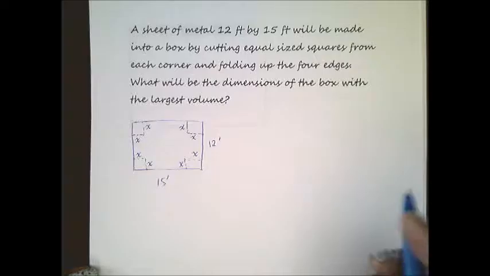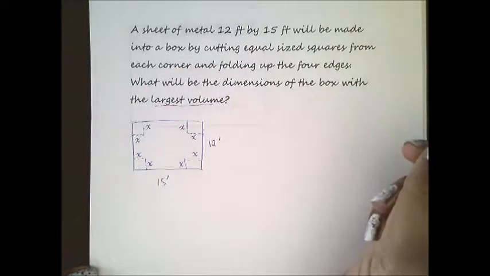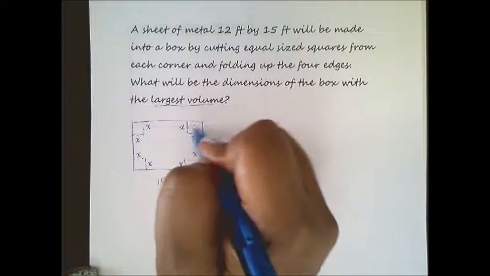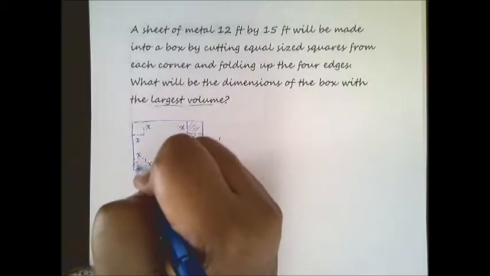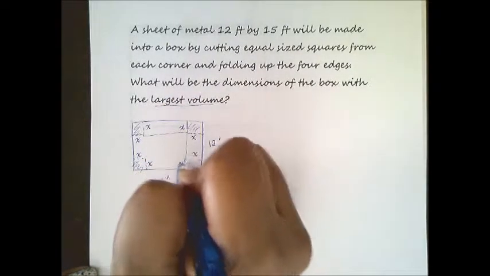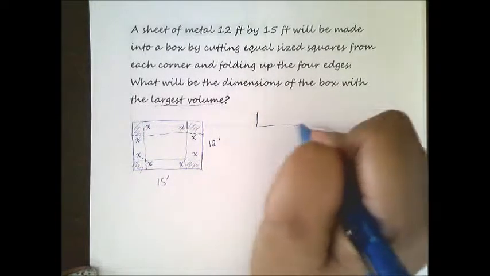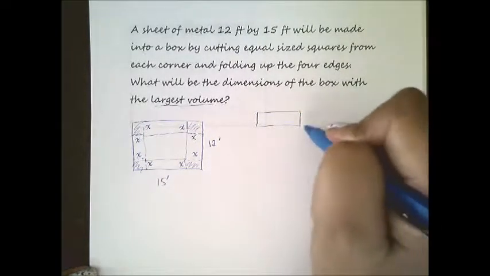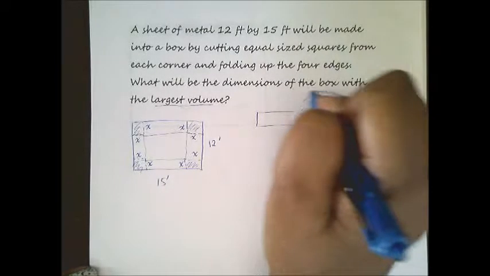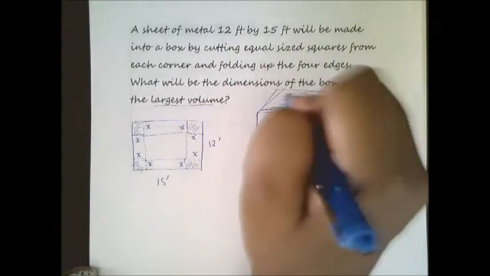Now, what I want to maximize here is volume. Let's take a moment and think about what this box is going to look like. So when I cut these squares out, these are not going to be part of the picture anymore. I'm going to fold these along these lines, and I'm going to end up with a box that's open on the top that looks something like that.